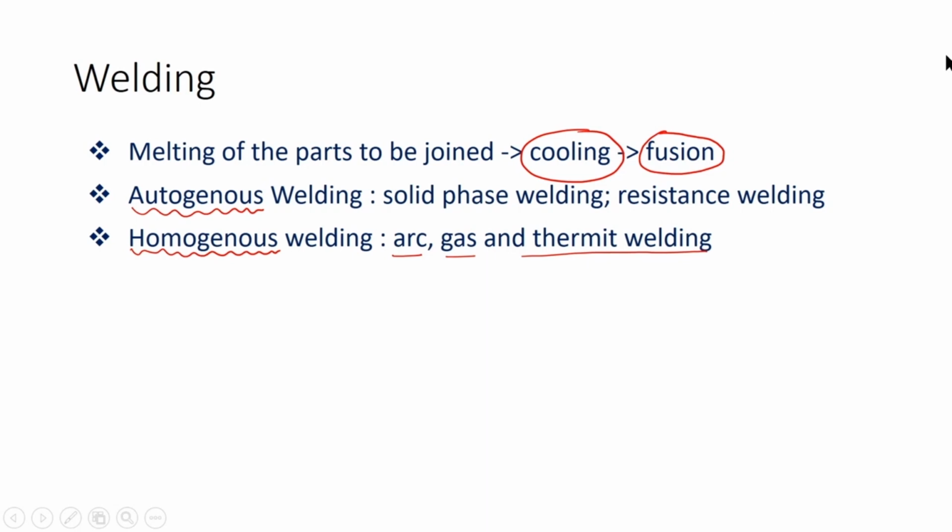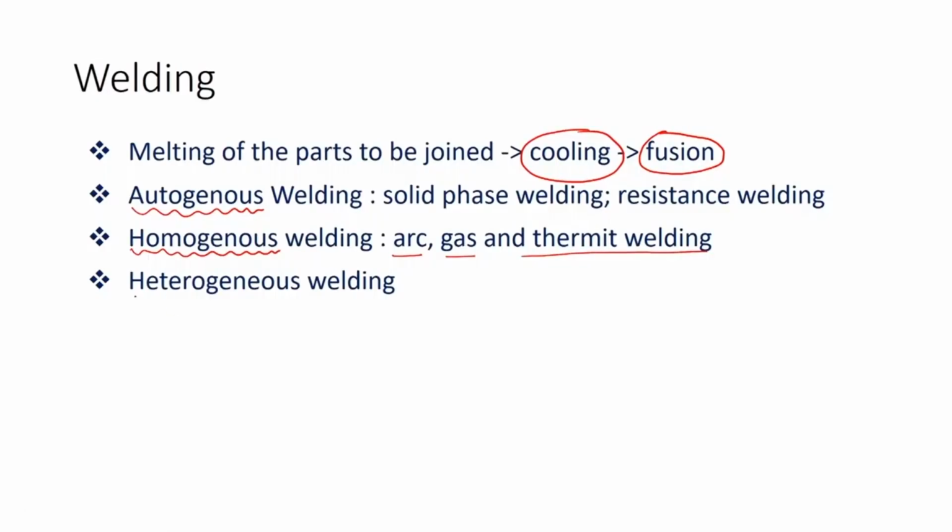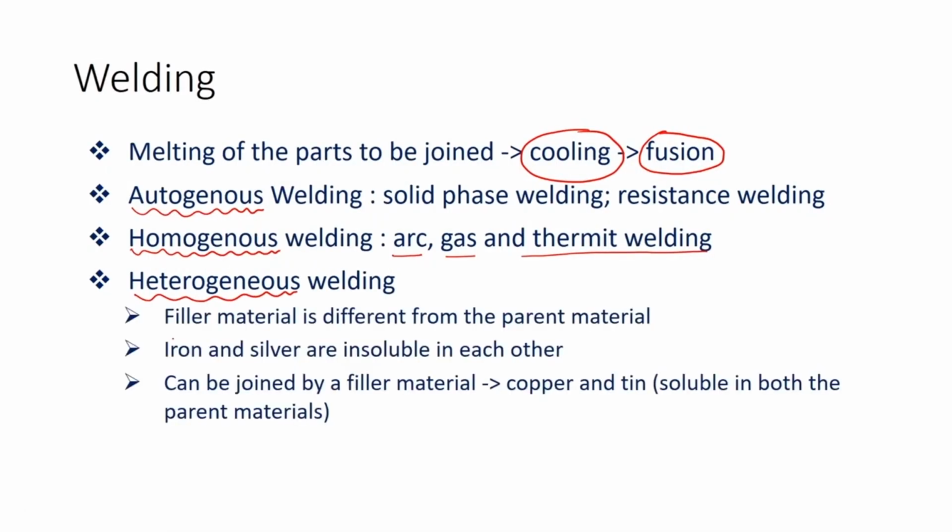But in certain cases, it is not possible to use a similar kind of electrode for the joining operation. That variant is called heterogeneous welding. In this process, the filler material is different from the parent material.